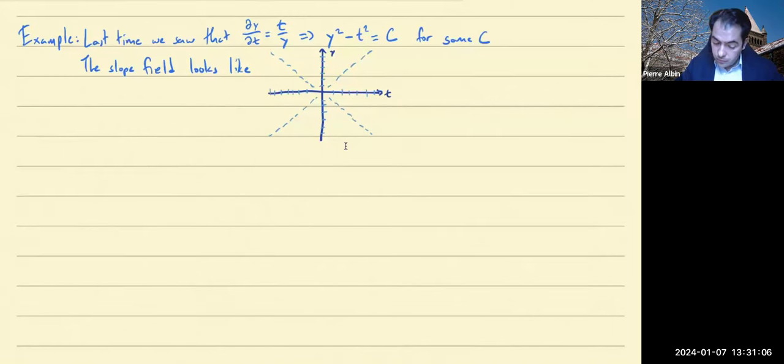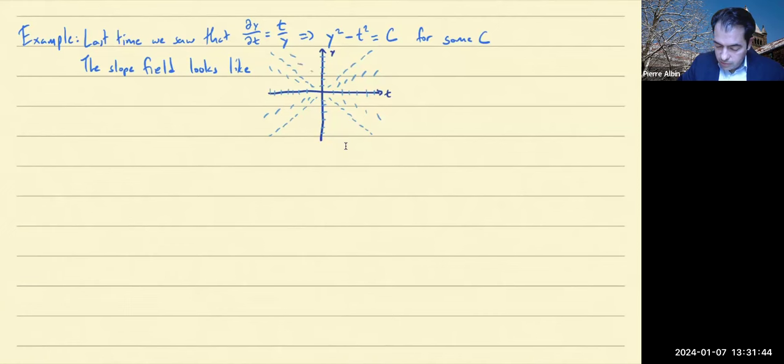And if you're on, say, the line y equals 1/2 t, then the slope would be equal to 2. So over here we'd have slope 2, and over here we'd have slope 1/2.